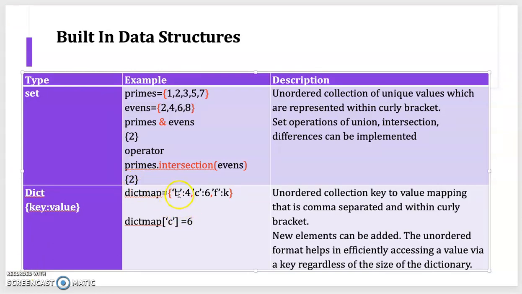The key should be immutable and unique, but your value can be reassigned. A new element can also be added to your dictionary. The unordered format helps in efficiently accessing a value using the key regardless of the size of the dictionary.